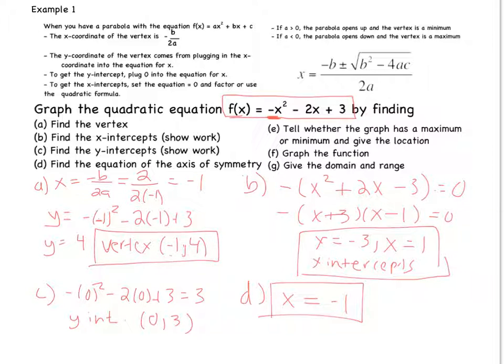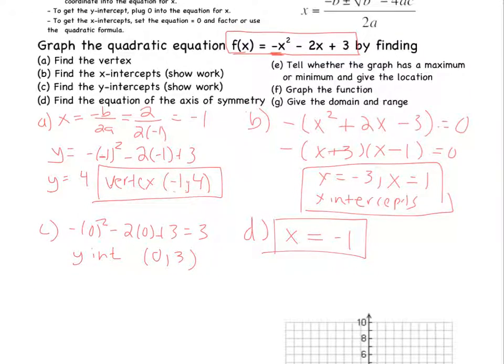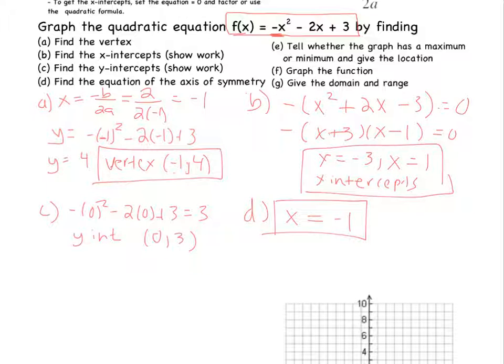E, tell whether the graph has a maximum or a minimum and give the location. Well, the location is going to be the vertex, and in this case, since A is negative, this will have a maximum.